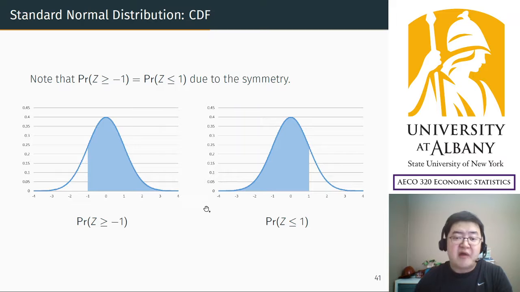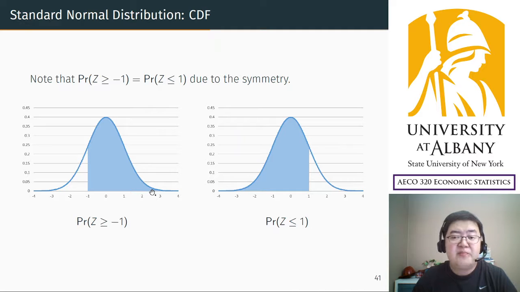On the graph, if you use the PDF approach, using the probability density, you can visualize the probability as an area. The probability we are calculating is probability greater than minus 1. On the bell curve, minus 1 is here, and we are looking for this area.